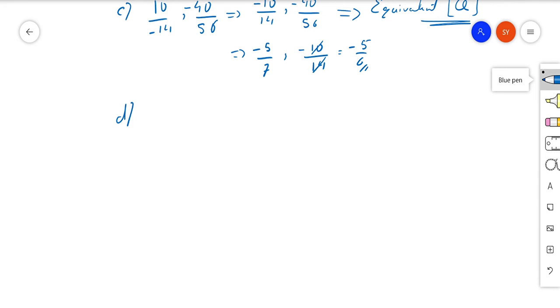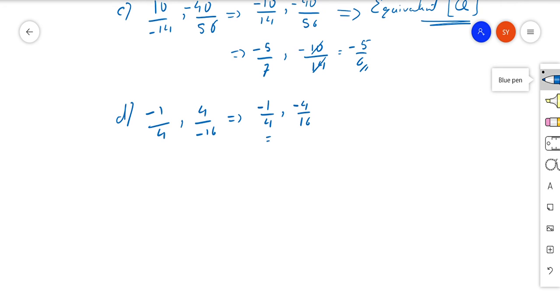D is minus 1 by 4 and 4 by minus 16. So again you will take the negative sign at the top, so minus 1 upon 4, and the other rational number is minus 4 by 16.